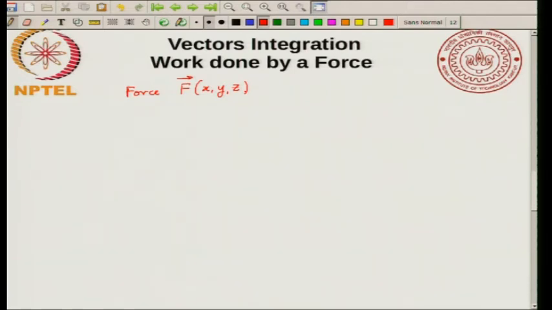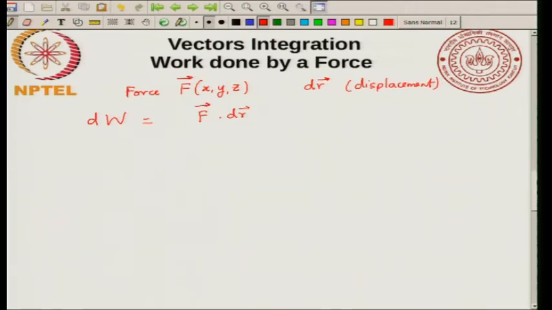Then what is the work done? If you displace it by some small amount dr, this is the displacement, then the work done is given by F dot dr. It is a dot product.